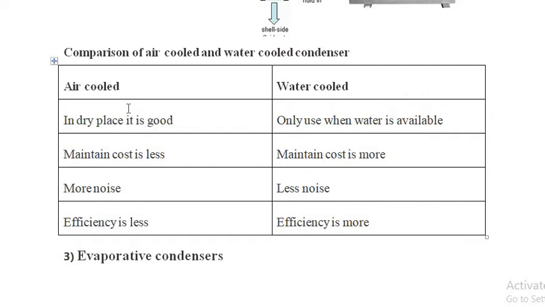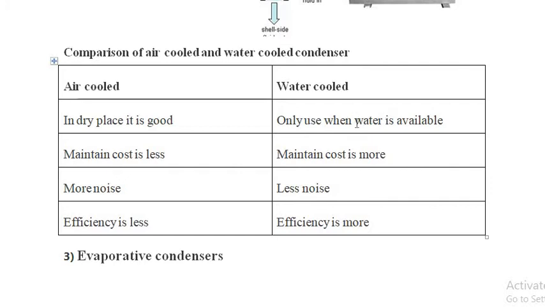The liquid can exchange the heat with the air. Water-cooled condenser is only used when the water is available. In an area where water is available to exchange the heat, suppose only river water is available, then the water-cooled condenser is used.